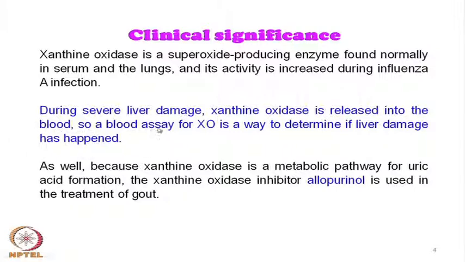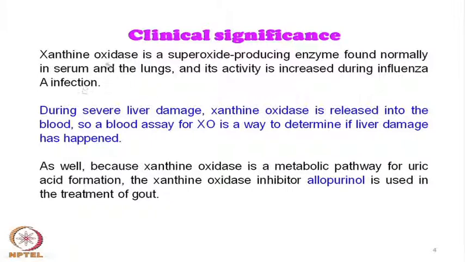So, a blood assay for xanthine oxidase can be utilized to determine the condition of liver damage or some disease related to the liver, the well-known one being cirrhosis. How much damage has taken place in the liver is related to the concentration of xanthine oxidase available in the blood, so we can draw some information from it.